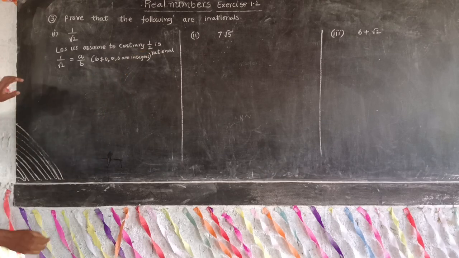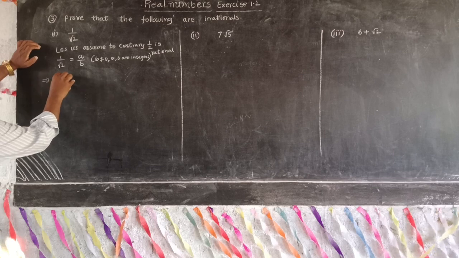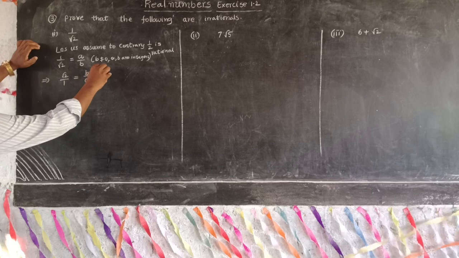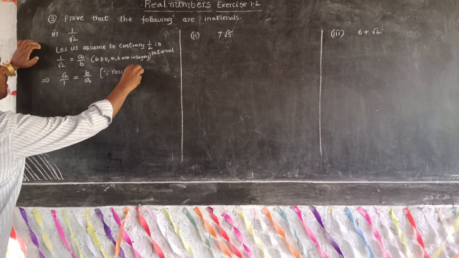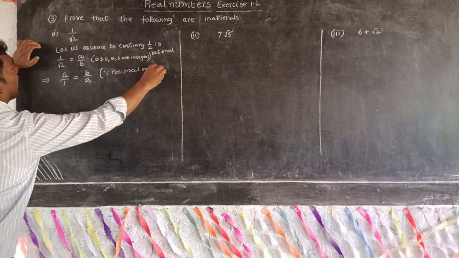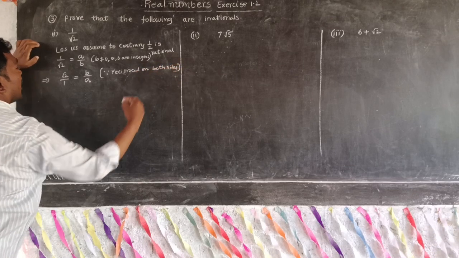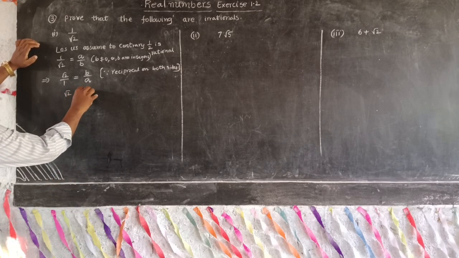Next, reciprocal on both sides. Root 2 by 1 equals b by a.